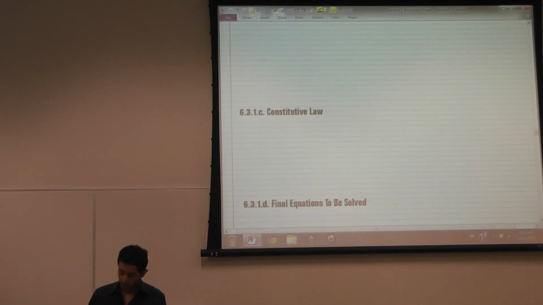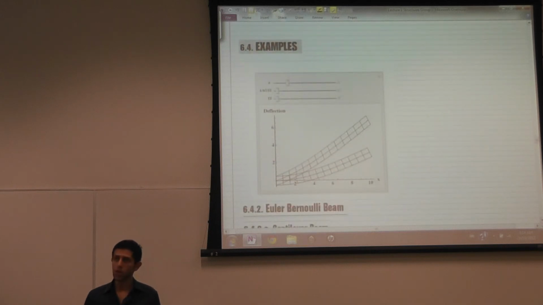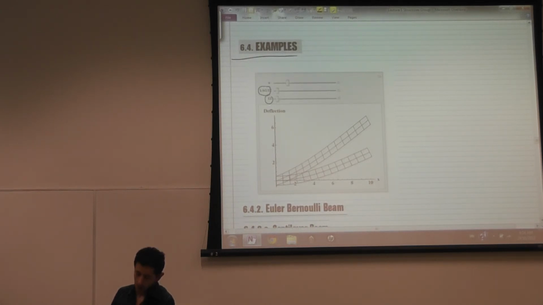So when you look at the deformation under the same load, depending of course on the length of the beam, you have an example in your book. You can copy the code and put it in Mathematica and play with the EI and with the KAG divided by EI, and see how the beams deform with respect to each other.